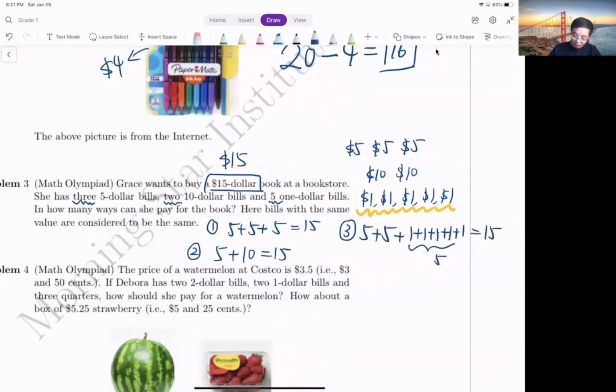Again, this is 15. Or I can use 1 $10 bill, and then plus 5 $1 bills. This is 15. So the point is, in total, there are 4 different ways to pay for it. So the answer is 4.